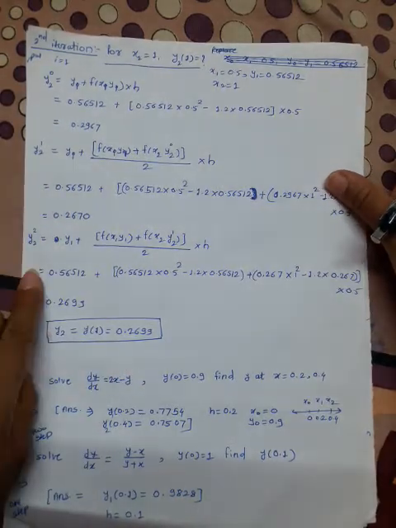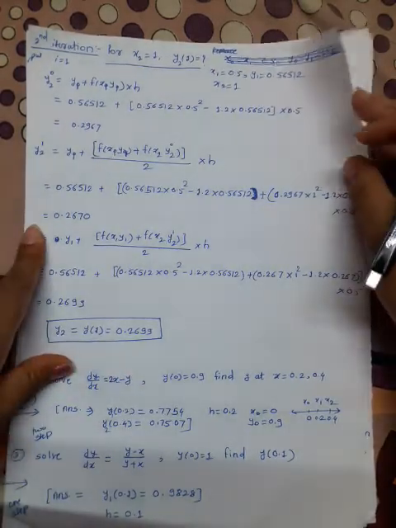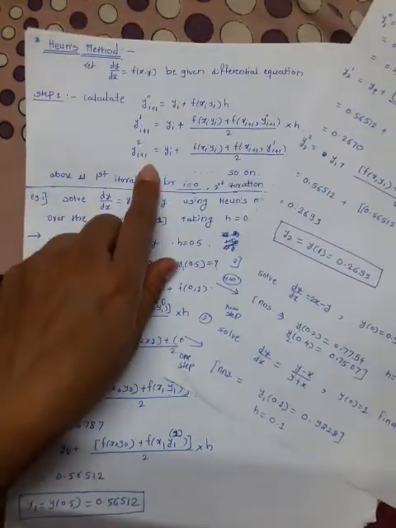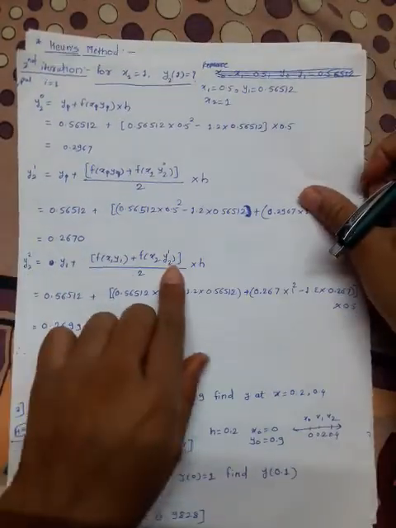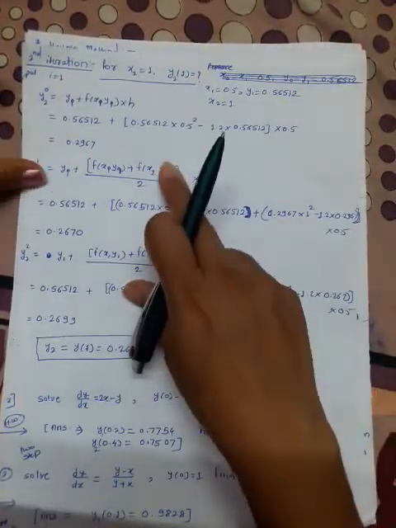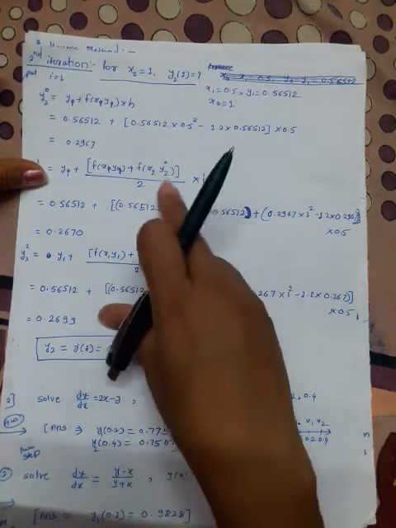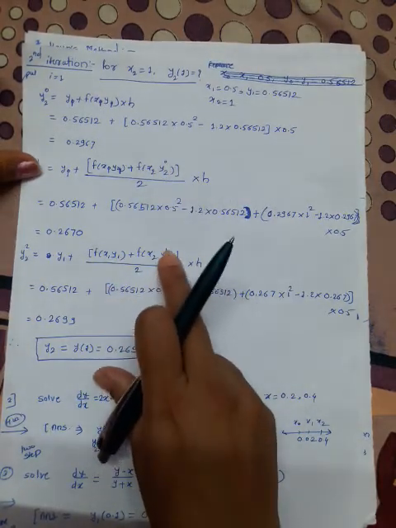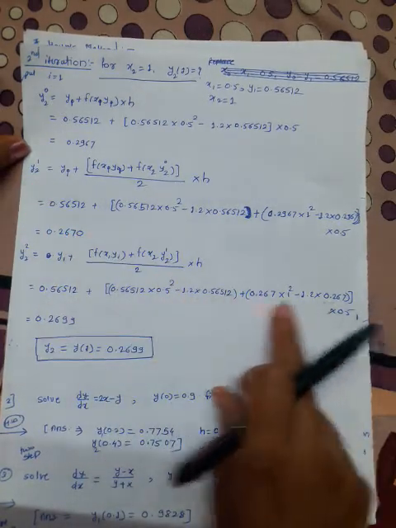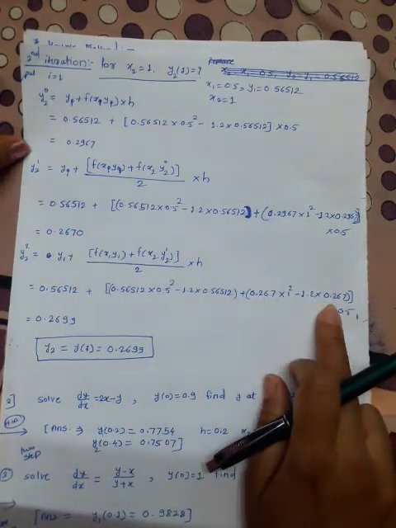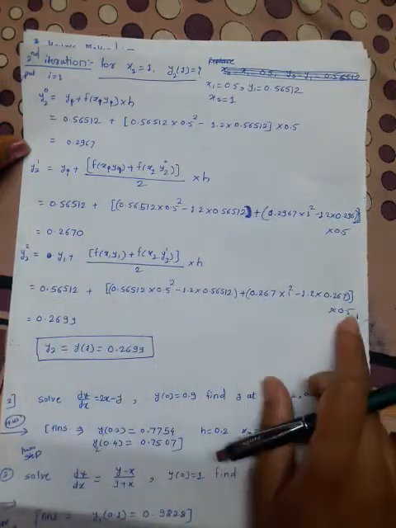Now next, y2 2. Put i, this value, in this formula. The i value is 1, 1 plus 1 is 2, 2 everywhere, we get this formula. Again, between this formula and the earlier formula, there is only one difference: instead of y2 1 here, y2 not, that means this value we have to replace everywhere here, and into h, this y1 as it is.